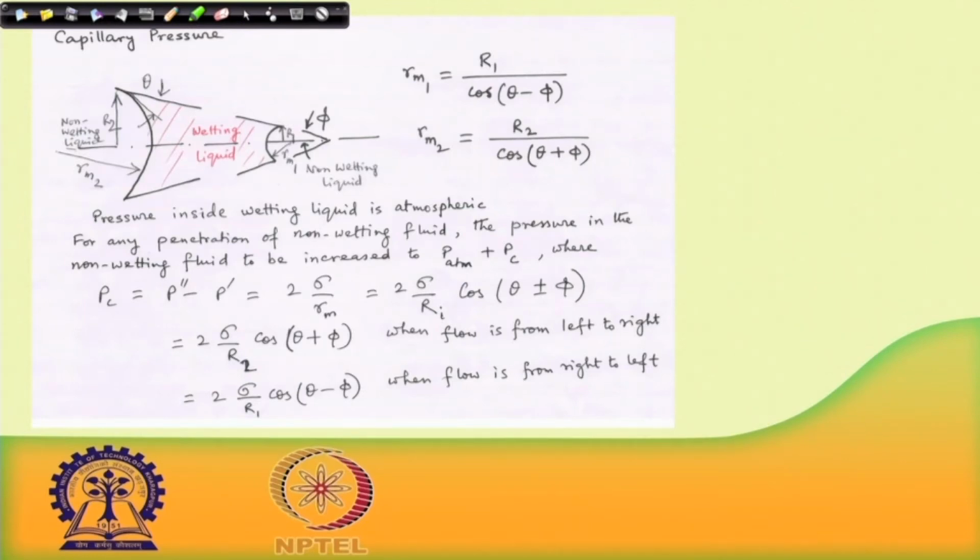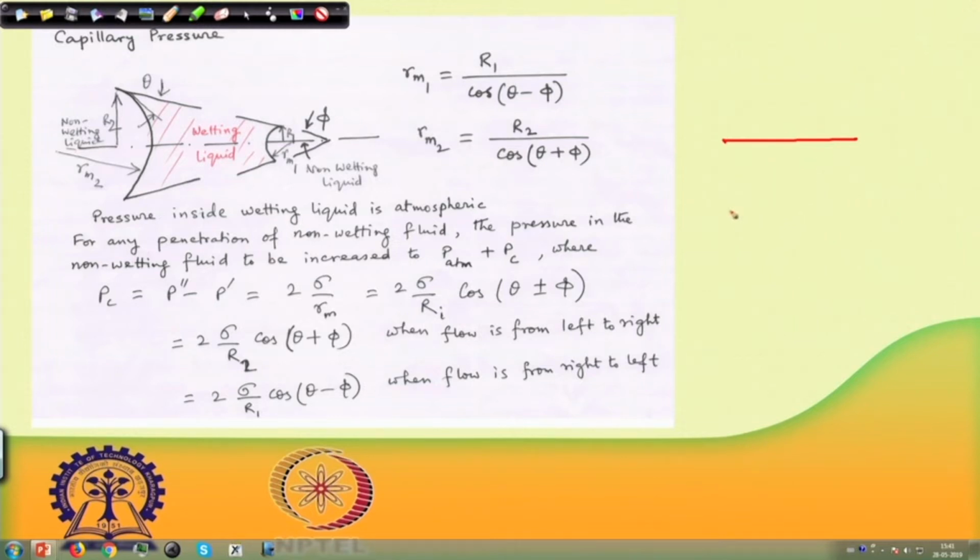Now, capillary pressure. We said that for a cylindrical system, if you have a cylindrical pore and inside it is water, the substrate is water wet, like glass and water, the contact angle water makes here is less than 90 degree. But it could be different.